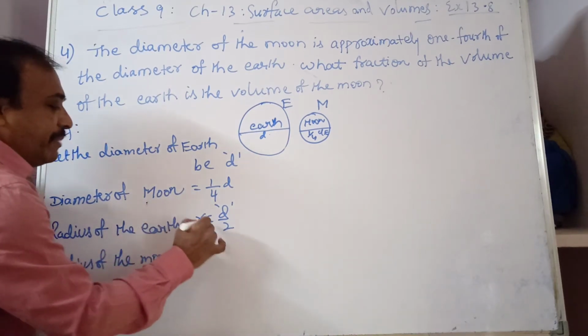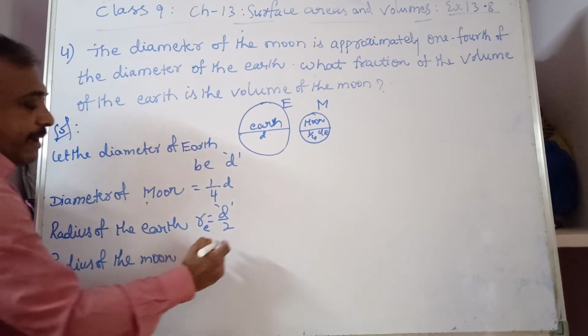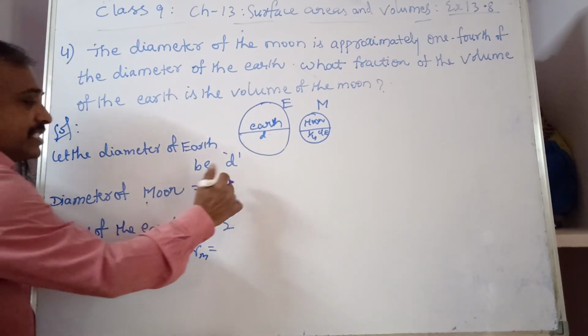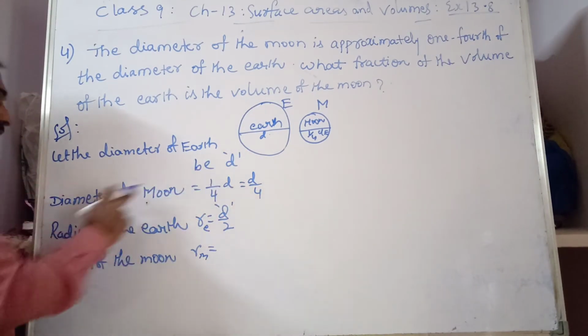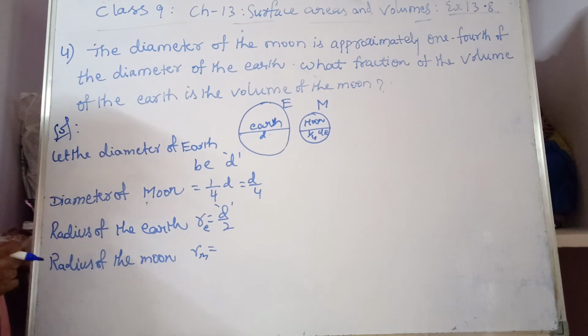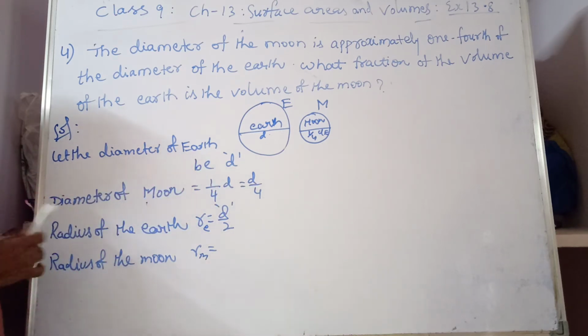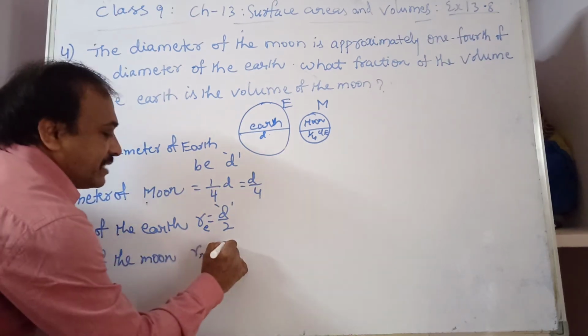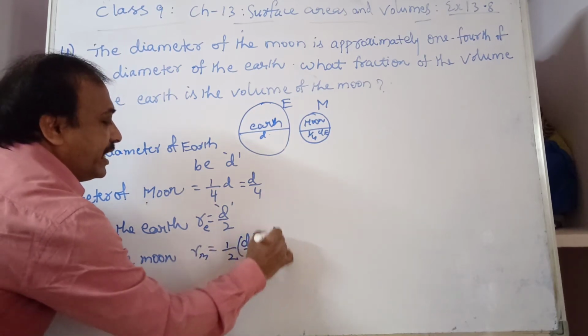This is re meaning earth radius and rm moon radius. So 1/4 of, which is nothing but here d by 4. This is the diameter of the moon, which is d by 4. See the statement, the diameter of the moon is approximately 1/4 of the diameter of the earth, d by 4. Now radius means half of d by 4, which is equal to d by 8.